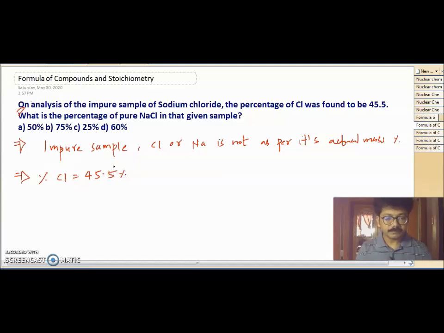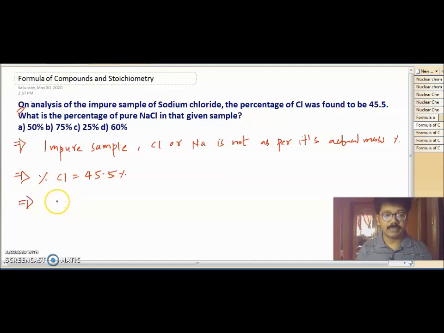What they are asking is: what is the percentage of pure NaCl? So you take the impure amount that you find, divide by the pure form, and you get the percentage of purity. How can we solve this numerical?